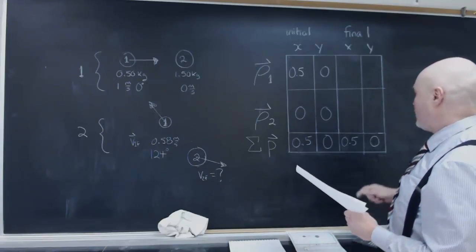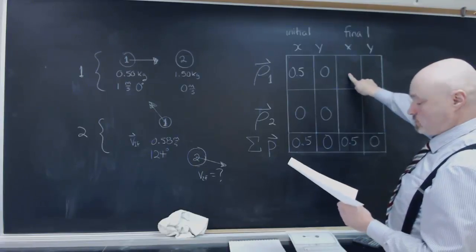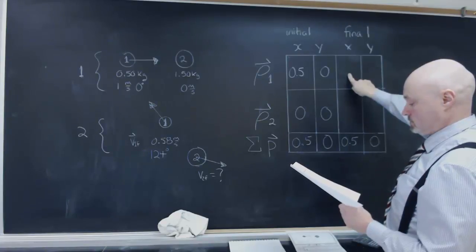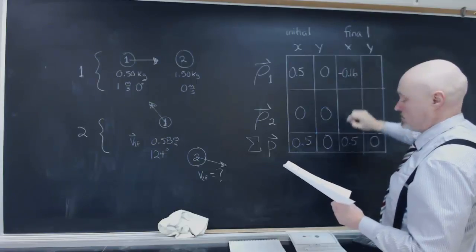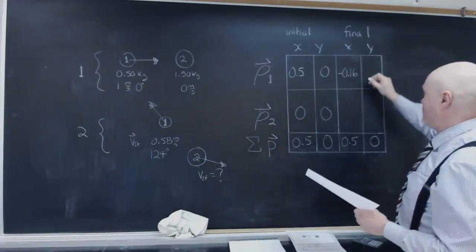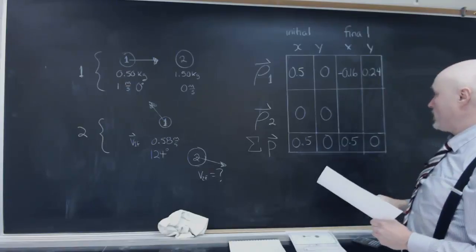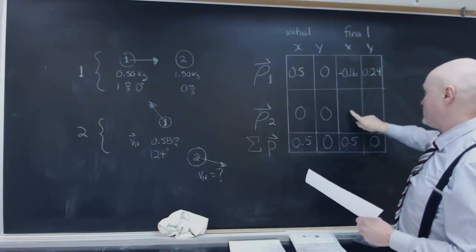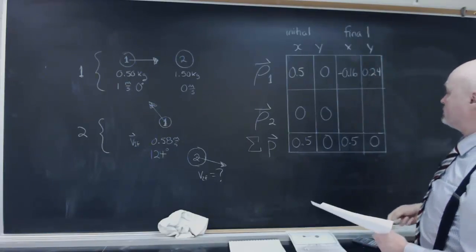The final momentum of mass 1 in the x direction is negative 0.16, and so you can see that it's actually headed backwards. And in the y direction it's 0.24. Now we can figure out exactly what the momentum in the x direction and the y direction is for the second mass.